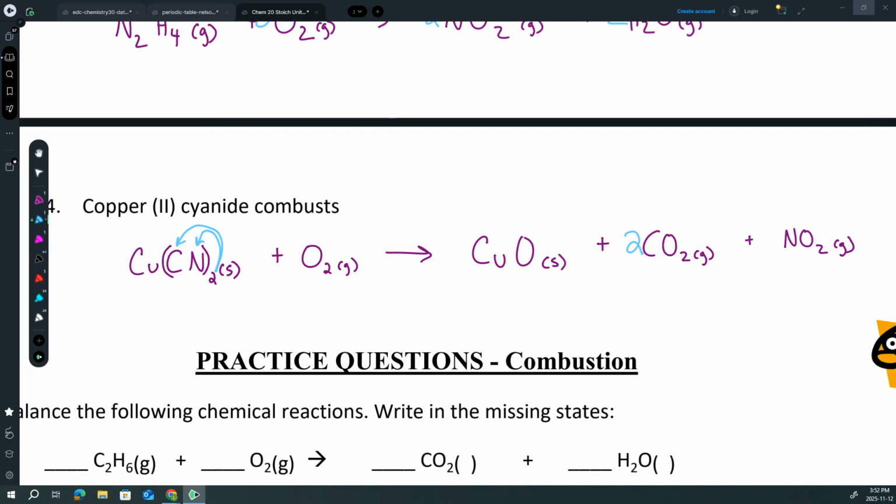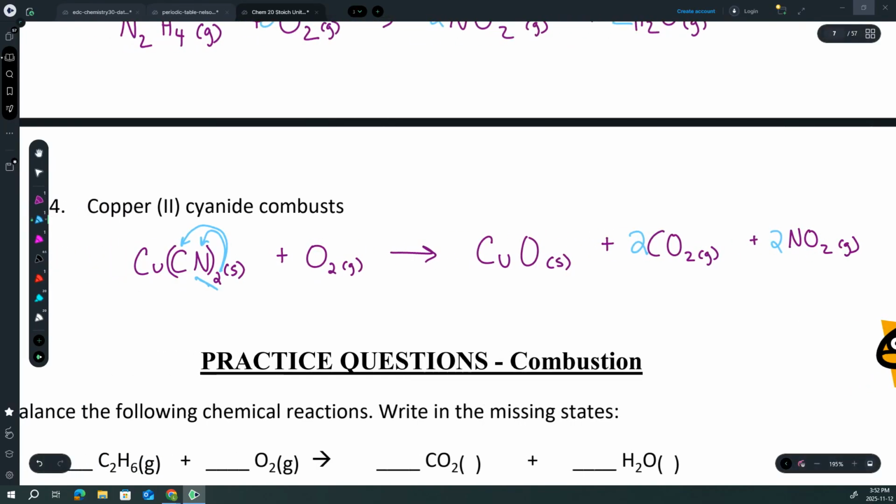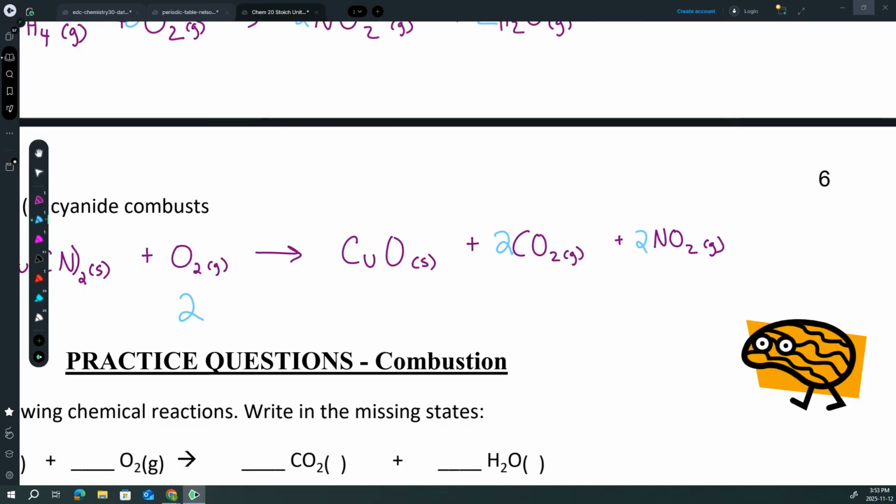Now, with nitrogen, there are 2 nitrogens coming in. We need 2 nitrogens coming out. All right, now let's figure out oxygen. So there's 2 on the reactant side. Now we have 3 sources of oxygen here, so we gotta add them all up.